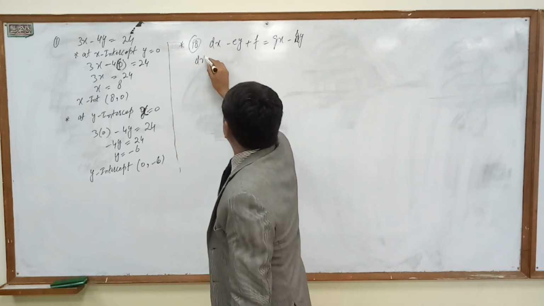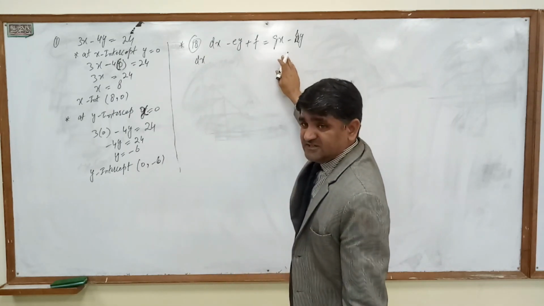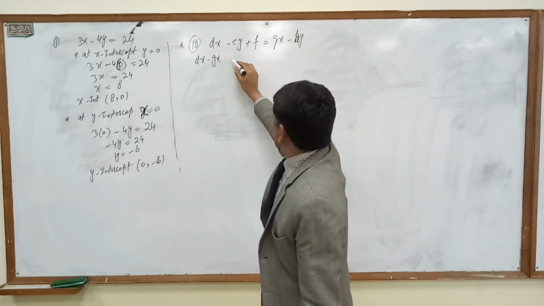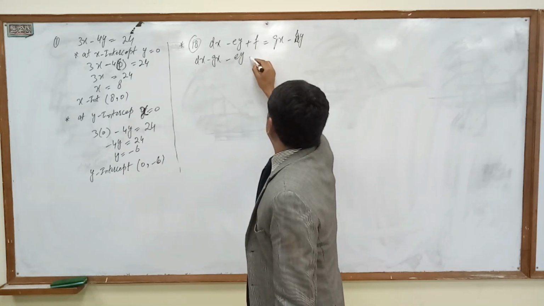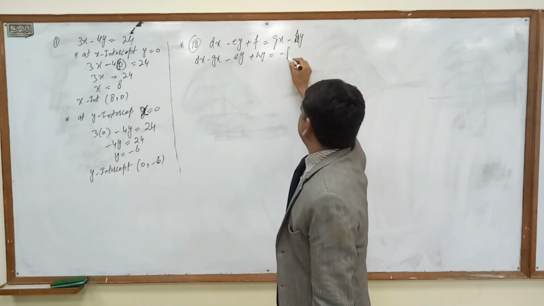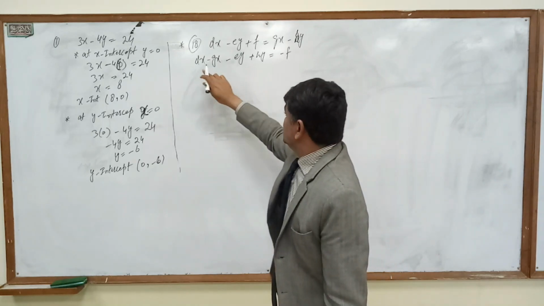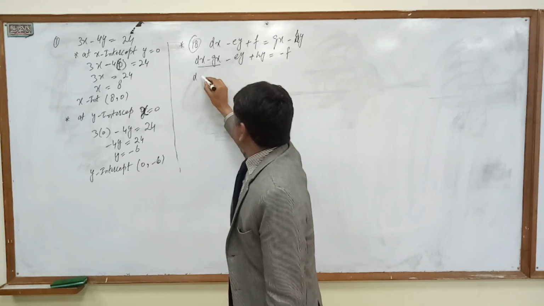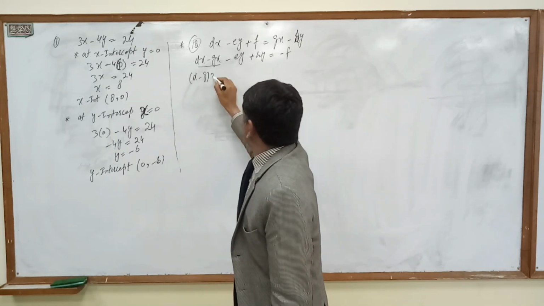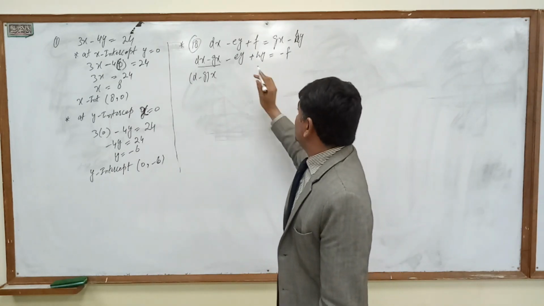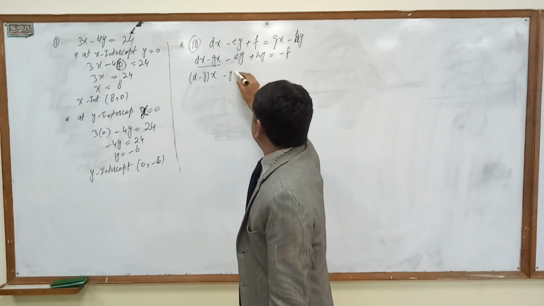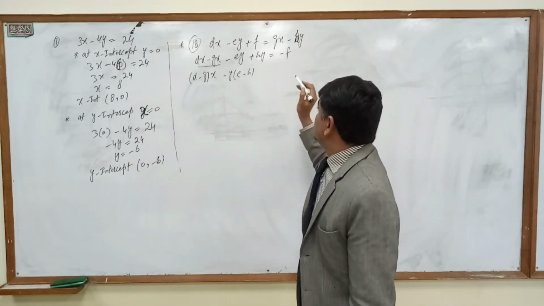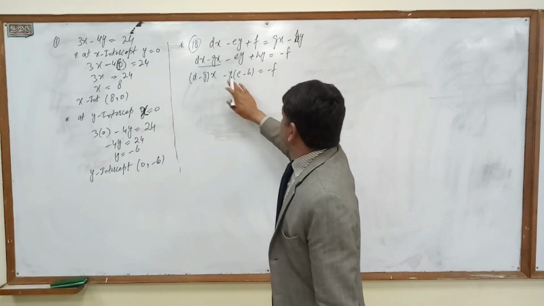So dx minus gx minus ey plus hy is equal to minus f. X is common, so what's left? d minus g into x. Here we can take minus y common. What's left? e minus h.